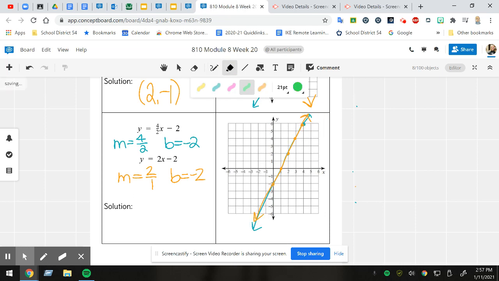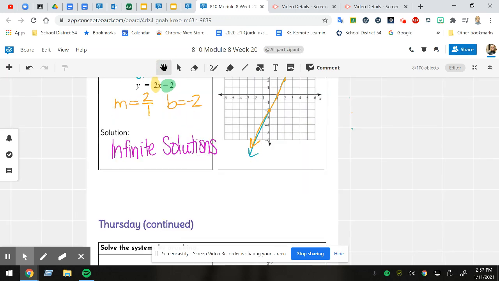Because again, you notice the slopes are the same. 4/2 is equal to 2, and -2 and -2. So these are the same exact line. This is what we call infinite solutions. So again, it's the exact same line, so every point is a solution.